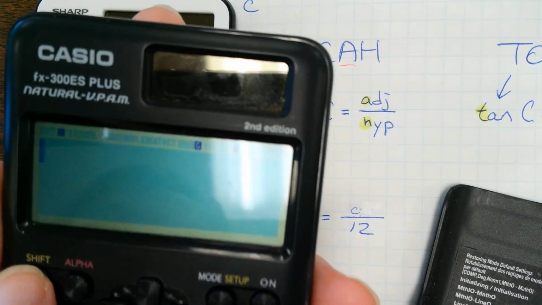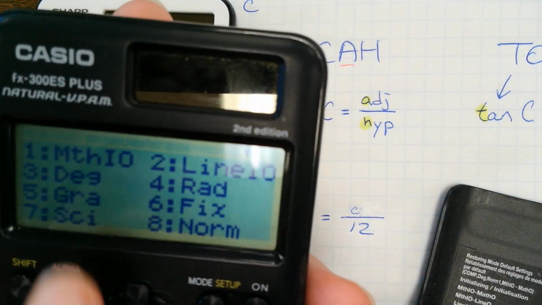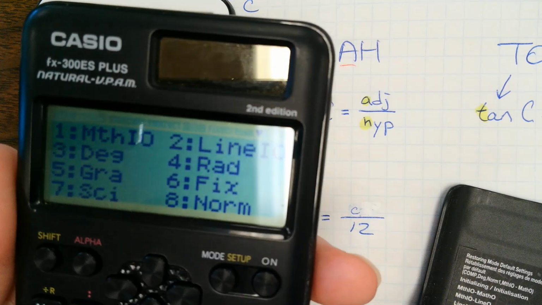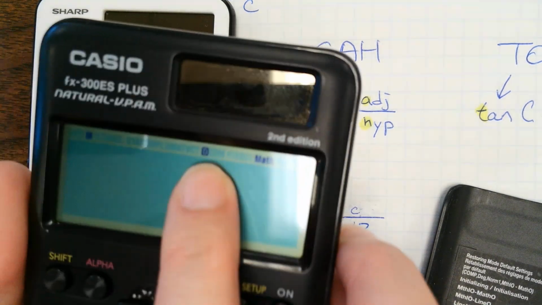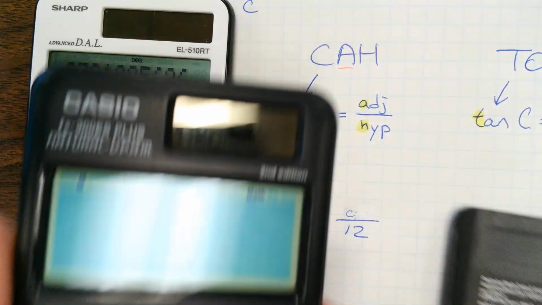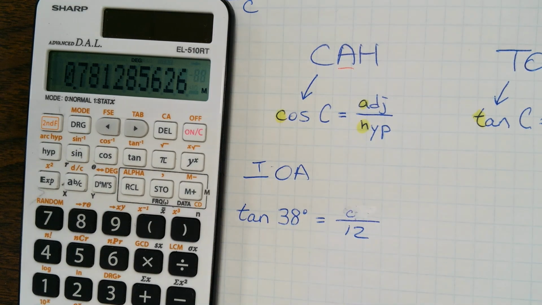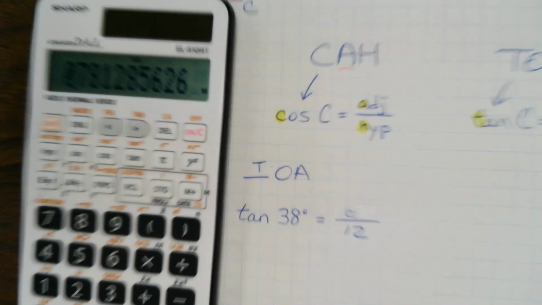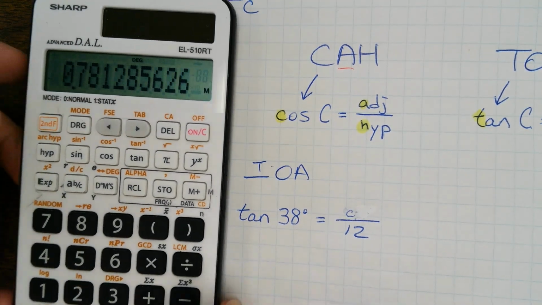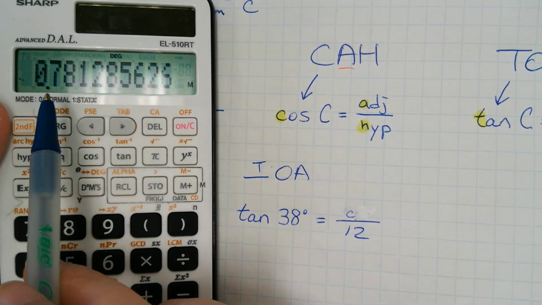Okay, shift, setup, and then you see degree, press 3. Now it's in degree mode. If your calculator is not in degree mode, make sure you come see me and I'll help you change it.